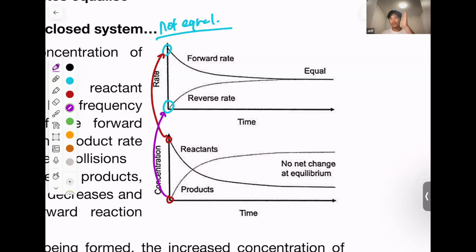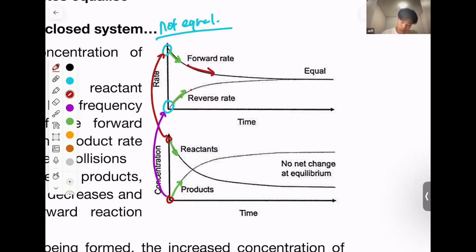So as the reaction proceeds and your forward rate is happening, this causes you to form some product as the forward rate proceeds, and it consumes reactant. Because the reactant concentration drops, the forward rate drops because there are less collisions per second, and because the product concentration increases, the reverse rate now becomes non-zero and increases up.